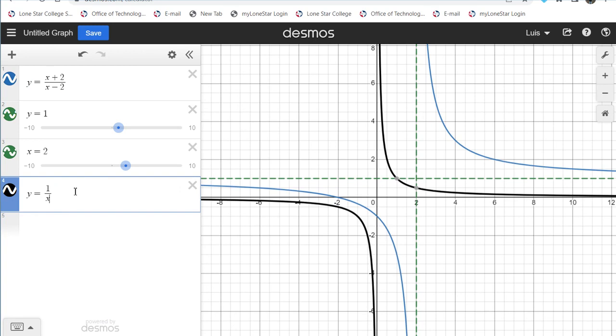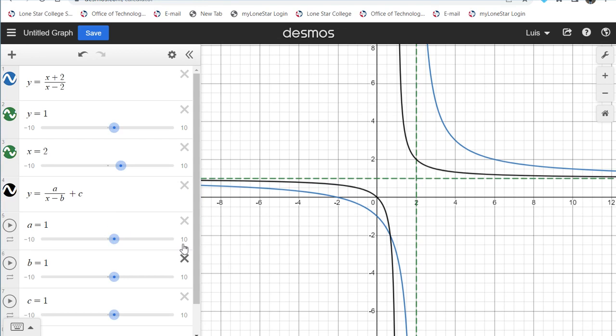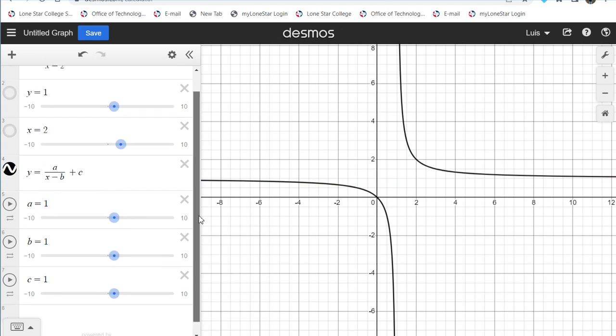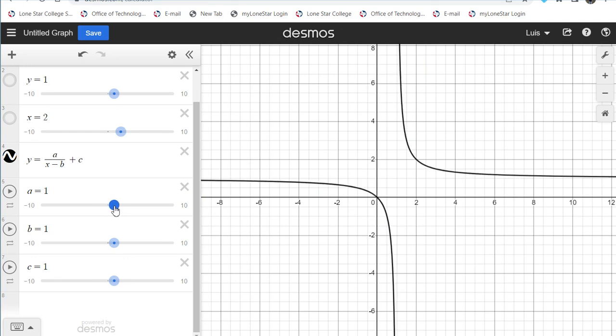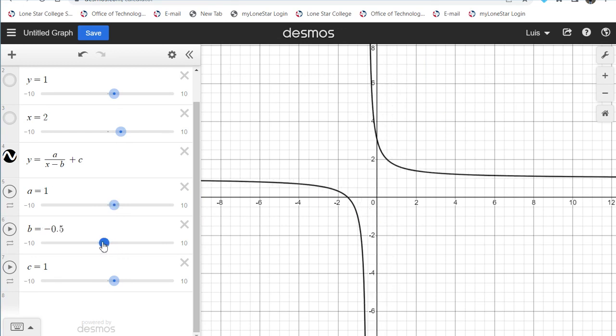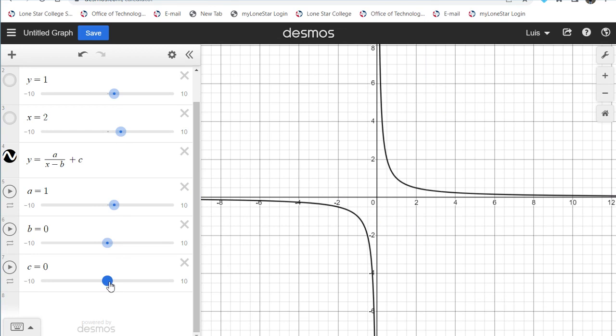But I can create an example so that you would see a over x minus b, plus c. Let me deactivate this for a little bit. If I make a equal to 1, that's the original function. But if I move b to 0, and then move c down to 0, can I move the graph to the left and right? The answer is yes.